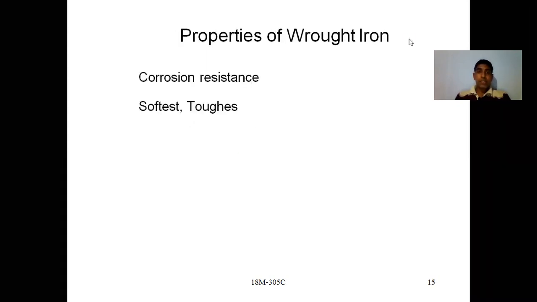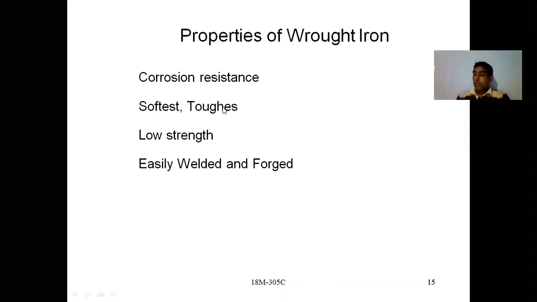Composition, and later if you see the properties. Okay, so how will the properties be? If you see the properties, here you are having corrosion resistance. Wrought iron has corrosion resistance and it is soft and tough.